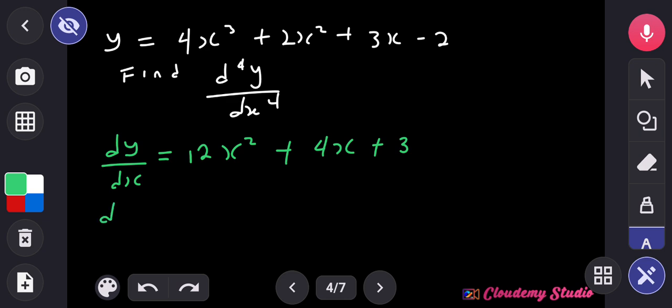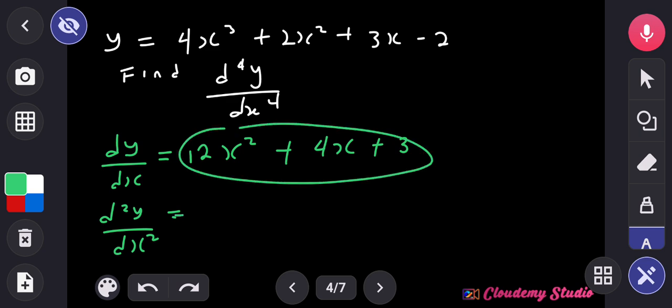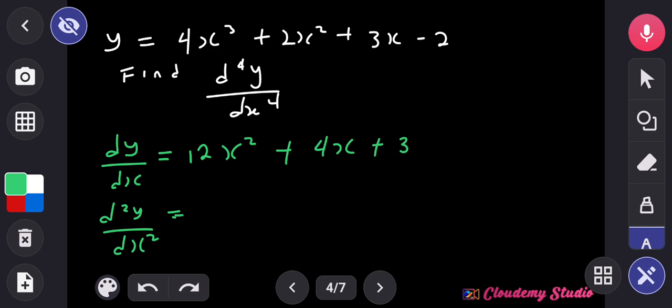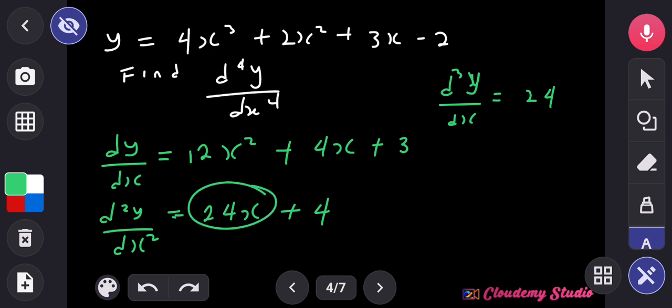Now, d²y/dx² is given as the derivative of this first derivative, which means if you are asked to find d²y/dx², you are going to differentiate twice, you understand? And that will give us 24x plus 4, right? Which means the d³y/dx³, which is the third derivative, will be given as 24, because differentiating 24x, you get 24.